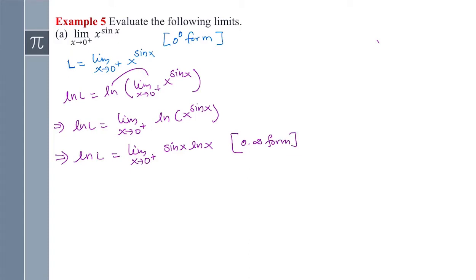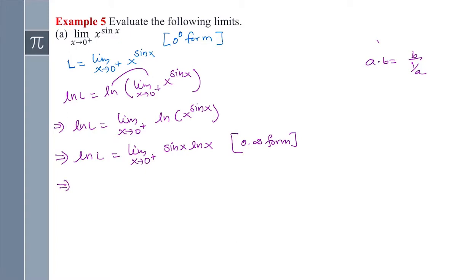That means we have to change this into the form 0 over 0, or infinity over infinity. Remember, what we can do here is divide by 1 over sine x. So a times b equals b divided by 1 over a. When we do that, we get 1 over sine x, which means cosecant x.